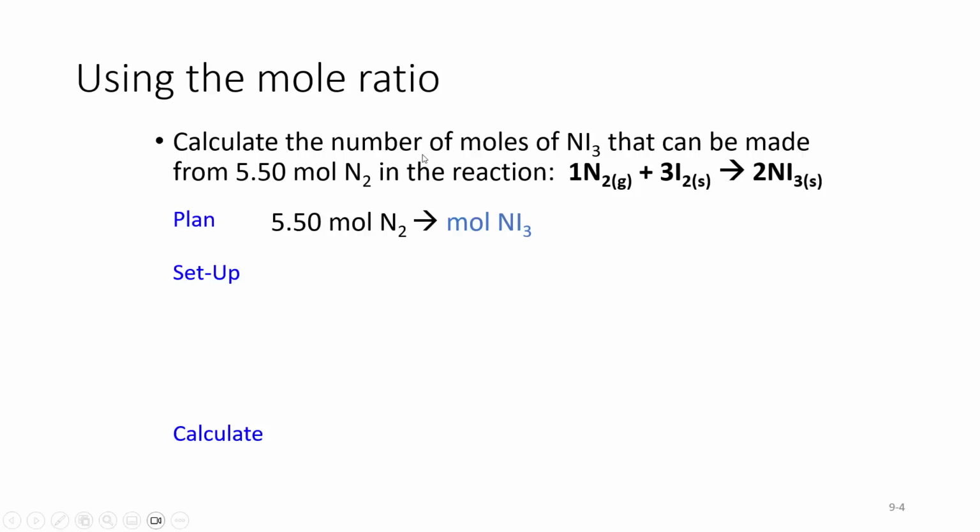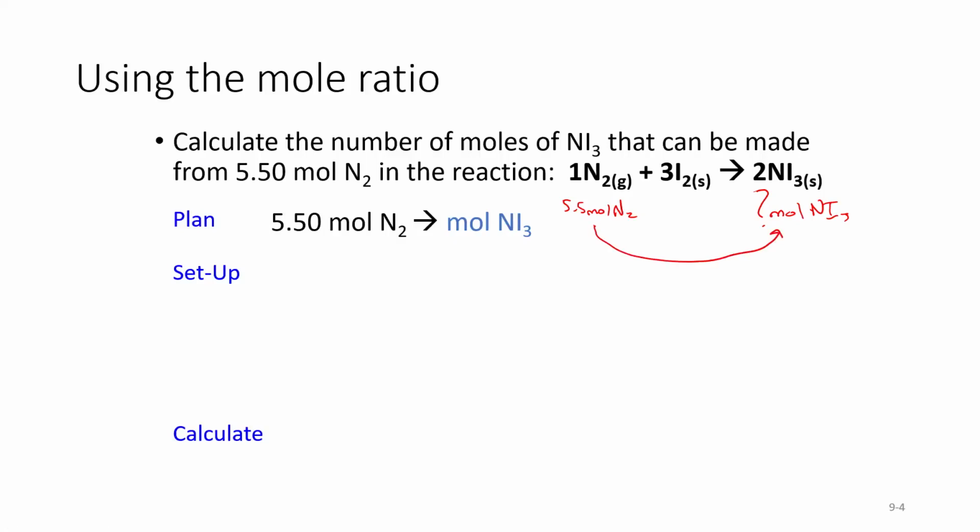So calculate the number of moles of NI3. So we go question mark moles NI3, that can be made from 5.5 moles of N2. So we always start with the number they give us, and we're going to our question mark.